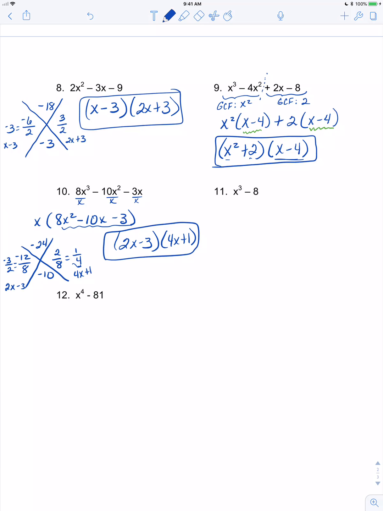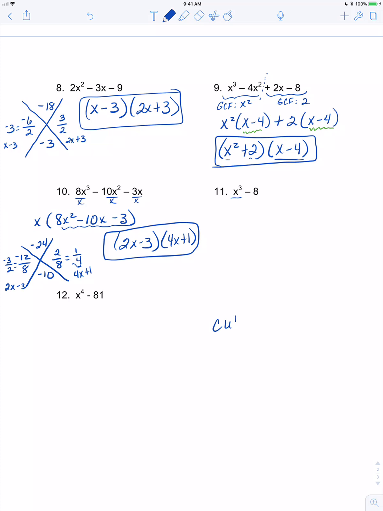Okay, so x cubed minus 8. Remember we said if it's 2 terms, it's either the difference of 2 squares or it's the sum or difference of 2 cubes. Well, I don't have an x in the second term to take out, so that is cubes. So let's just review those.